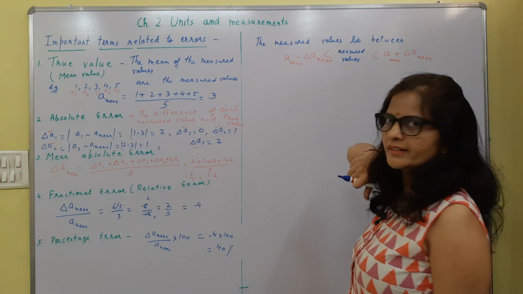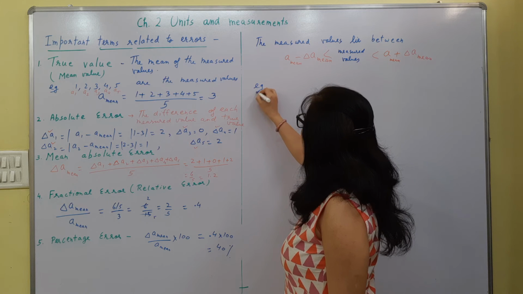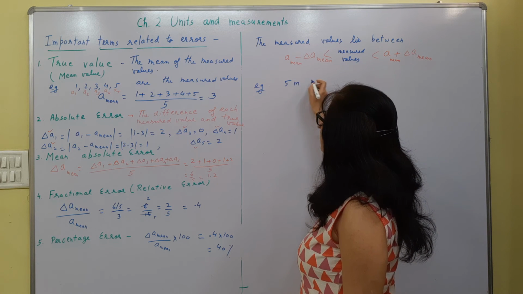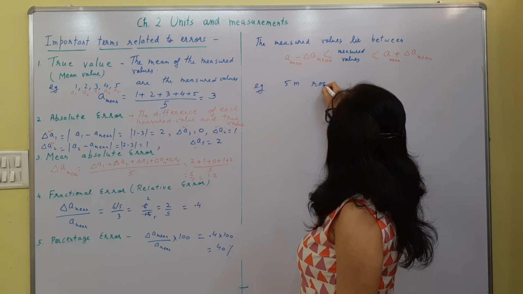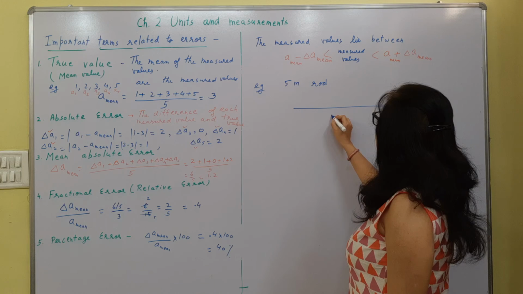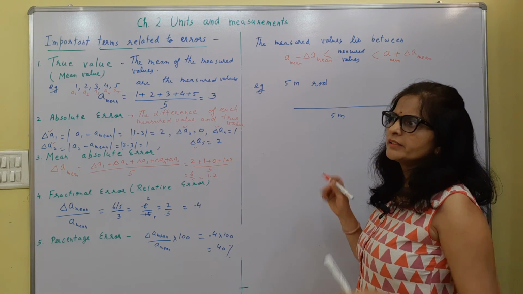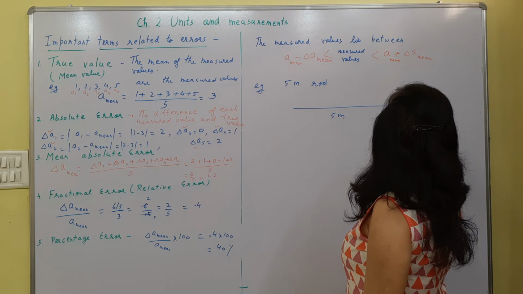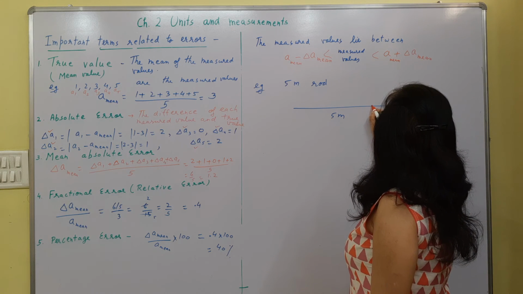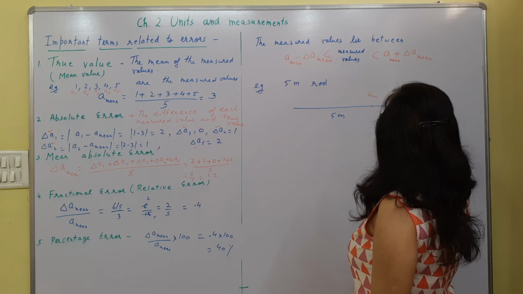How do we understand this? Let's take an example to understand this. For example, if we have a 5 meter long rod, right? Suppose this is your 5 meter long rod, and the chances are that if we measure it, we may get the measurements in this range, either 4 meter or 6 meter.